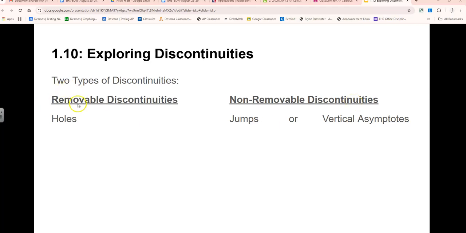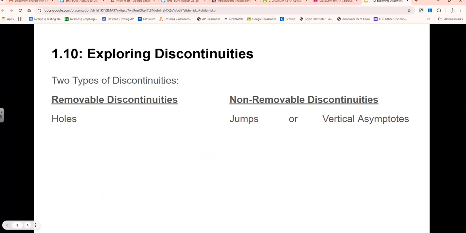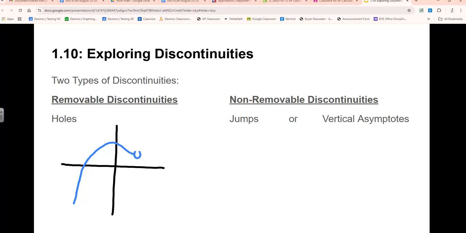And removable discontinuities are holes in the graph. So I have left a space here to draw ourselves an example of what that looks like, to remind ourselves about holes in a graph. And a hole in a graph, the function could look like whatever. You just have a single point that is not defined.